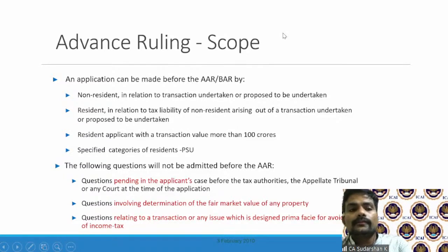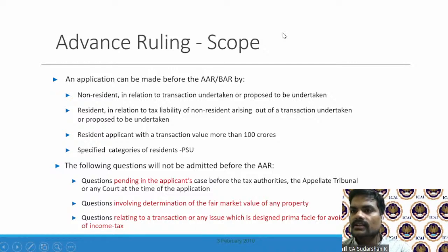Non-resident not required to file ITR, then he will avail foreign tax credit? No, a non-resident cannot get foreign tax credit. Only a resident can get foreign tax credit. So a resident has to file tax returns if he comes under section 139.